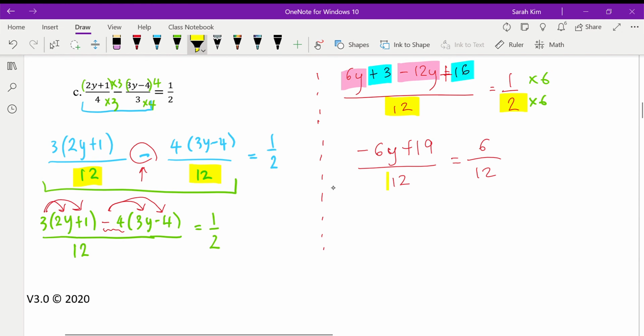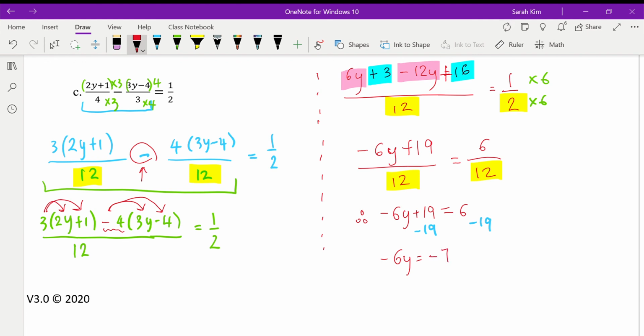So now that the denominator is the same, we can equate the numerator. Negative 6y plus 19 is 6. I'm going to get rid of the 19 first. So negative 6y is 6 minus 19, so that's negative 7. Oh, that's not right. Negative 13. That's a bit better.